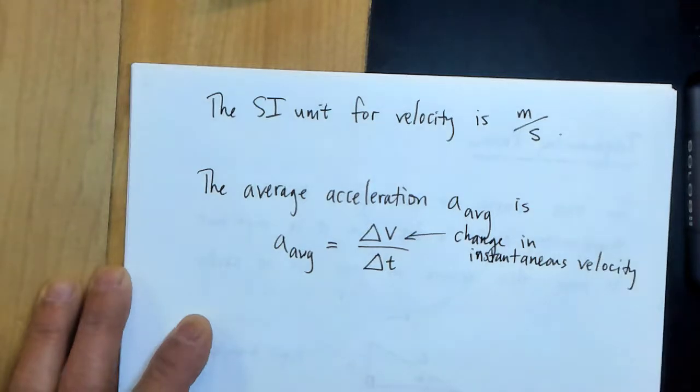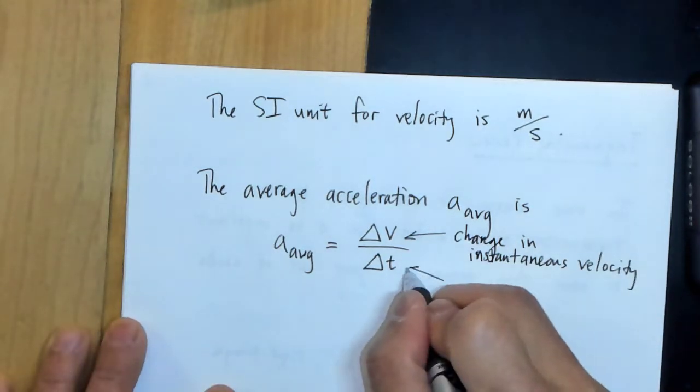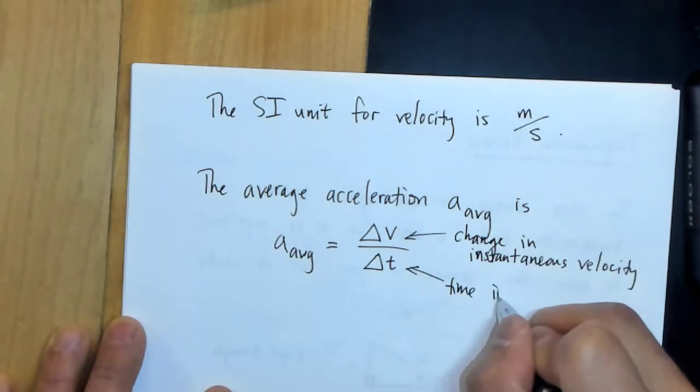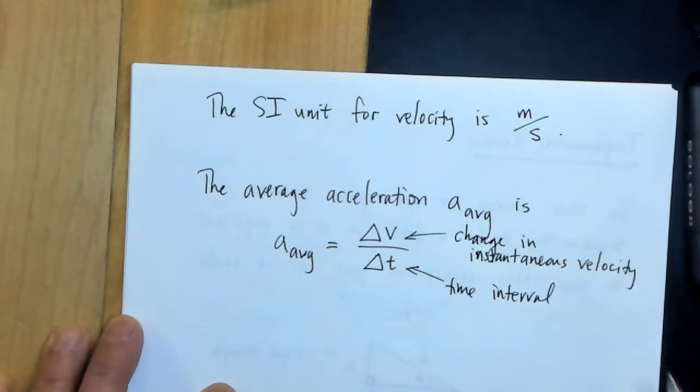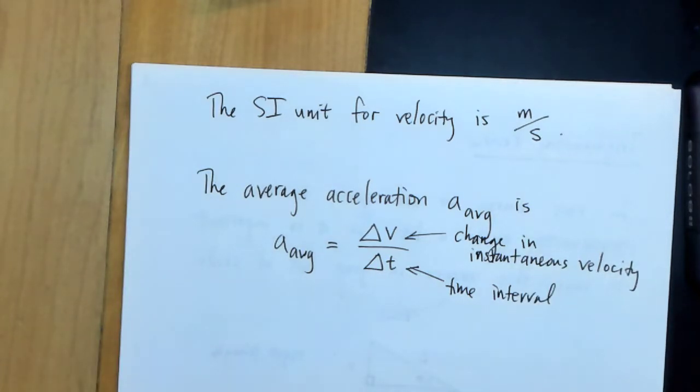And this is the usual time interval. So you have a time interval, the velocity changes. Okay? That's what the acceleration means. When something accelerates, the velocity is changing with time. So you take your delta v over delta t, and that gives the average acceleration.